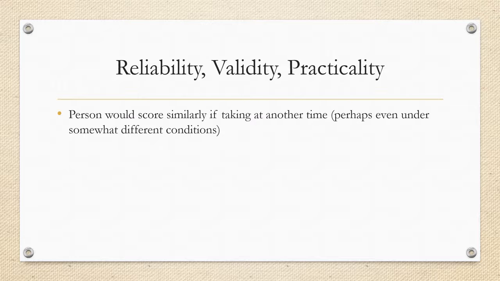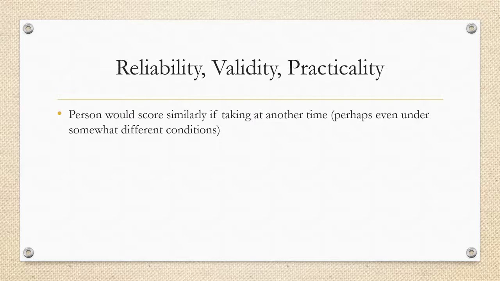So for reliability, would that person that you are testing right here and now, would they score similarly if they took the test at another time? So let's say you had them take the same test basically tomorrow, or even maybe under slightly different conditions. Would they still get the same score? If they would get drastically different scores, you might have a reliability issue, especially if you have different versions of an assessment.